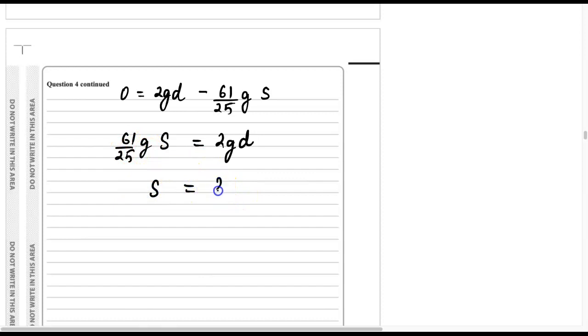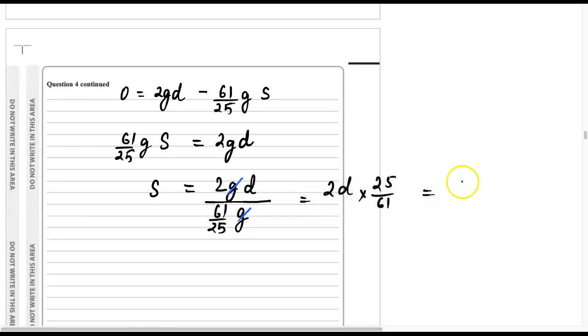So you're going to be getting 2gd over 61 over 25 g only. If we cancel this out, we're going to be getting 2d times 25 over 61. That would be giving you 25 over, did I make a mistake?